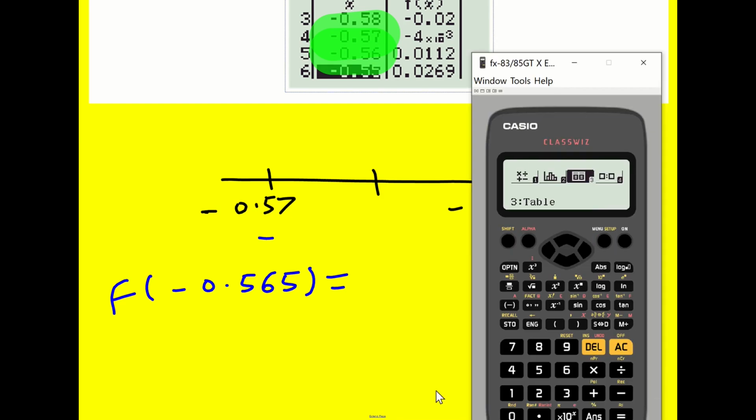And I think I'll do away with the table function. e to the minus 0.565 plus 0.565.